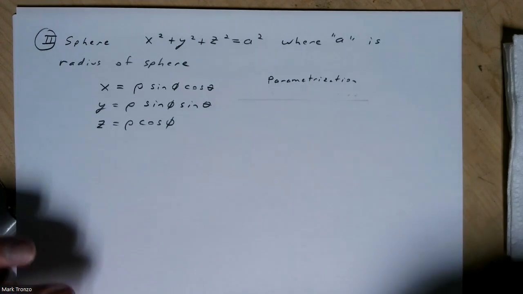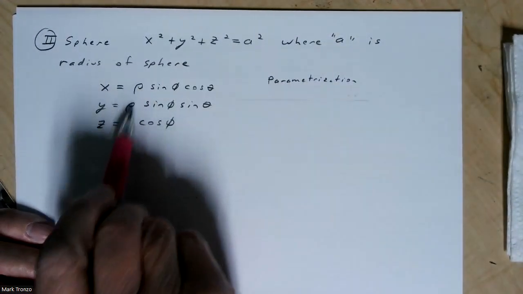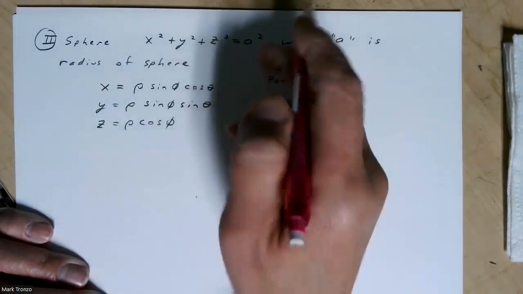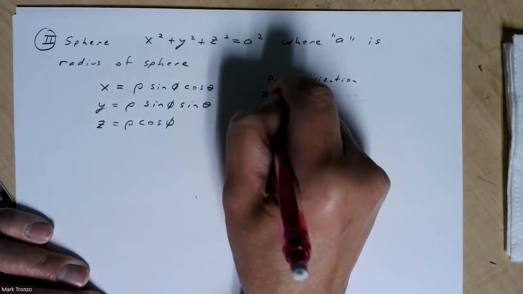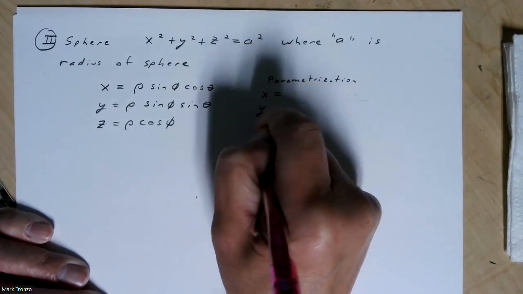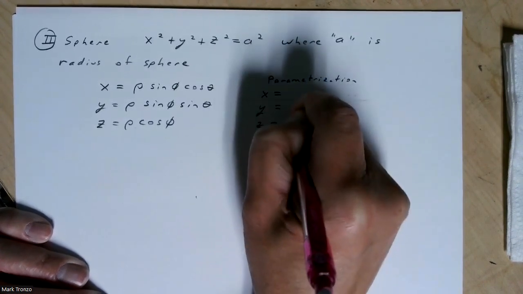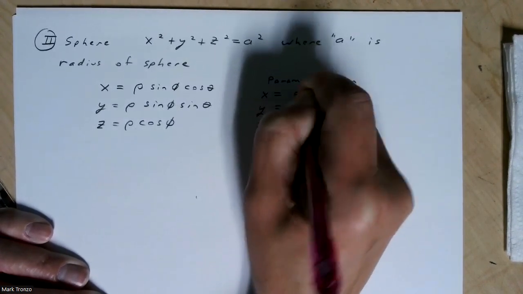When you do a parametrization for this, what you'll do is replace the rho with a, which is your radius.